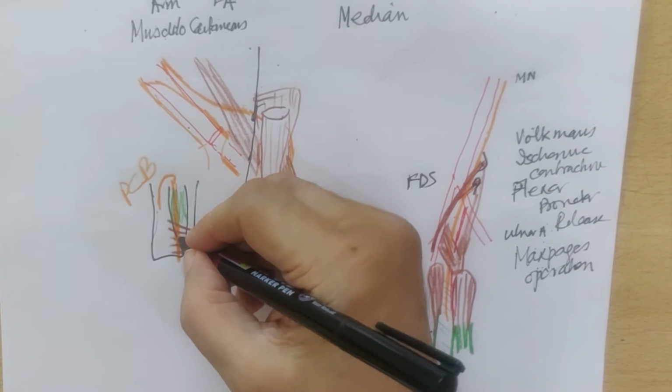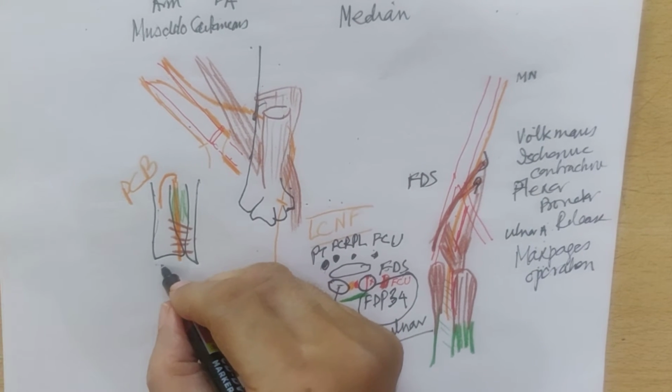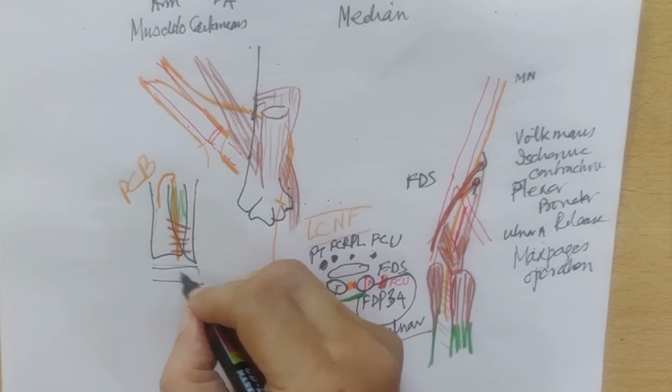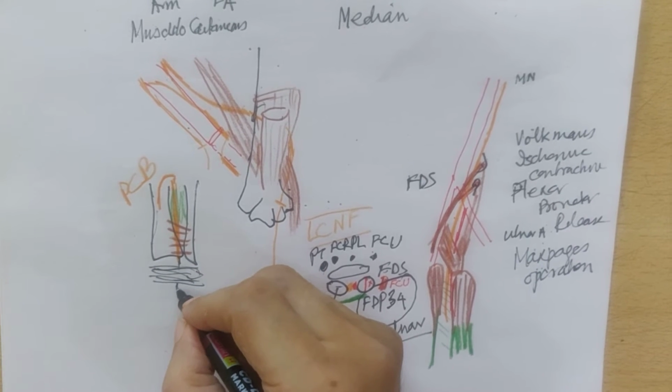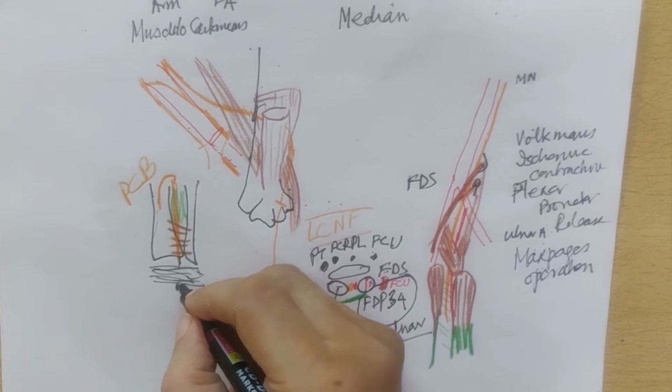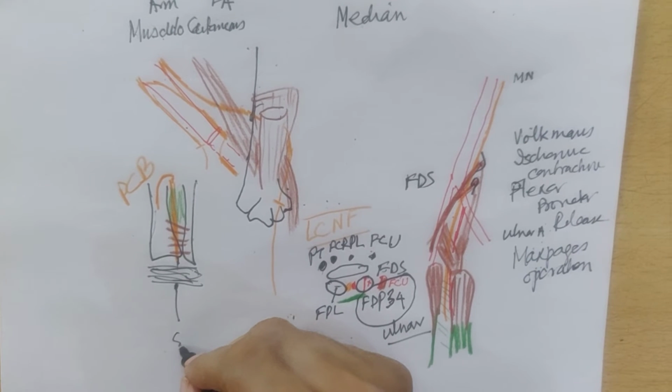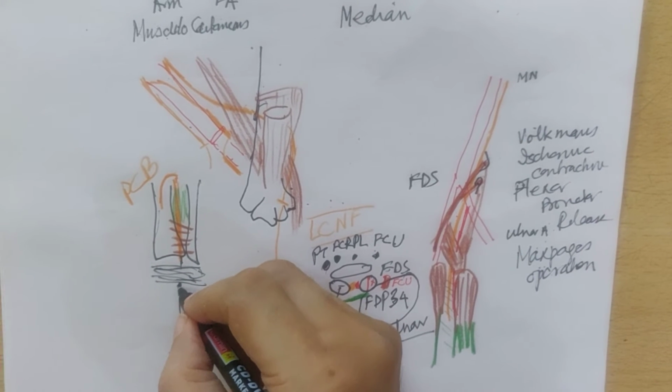Then it crosses the pronator teres, it lies under the carpal ligament in the carpal tunnel, and it divides into a superficial and a deep branch.